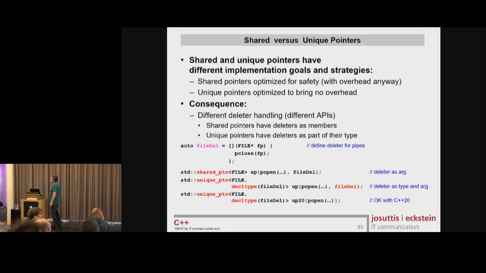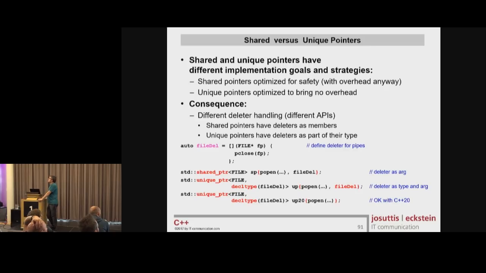So therefore, you have to pass it twice, once as an additional argument, the type of the deleter, and once in the constructor, which can be improved with C++20, because in C++20, it's allowed that we instantiate a lambda later on, provided it has not captured anything. So there, you don't have to pass it in the constructor, but the difference will remain.